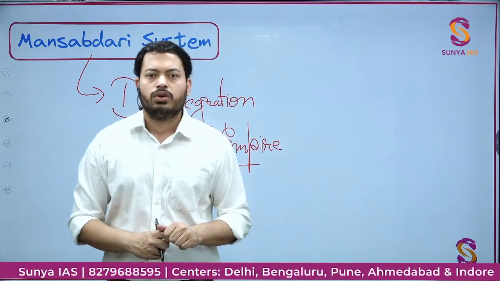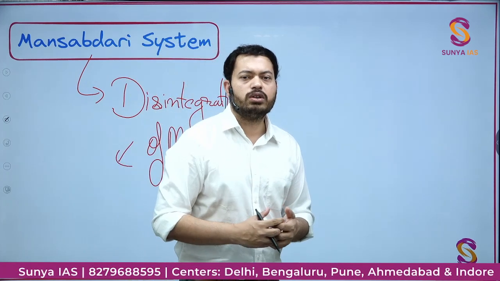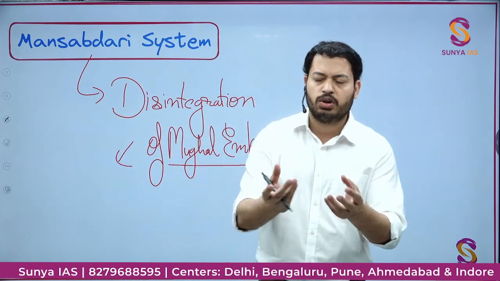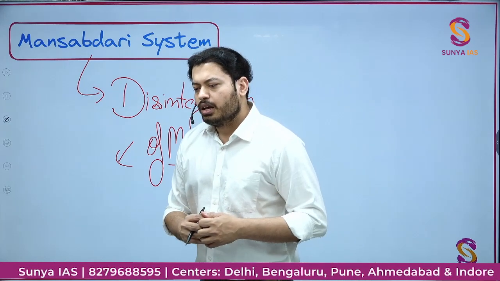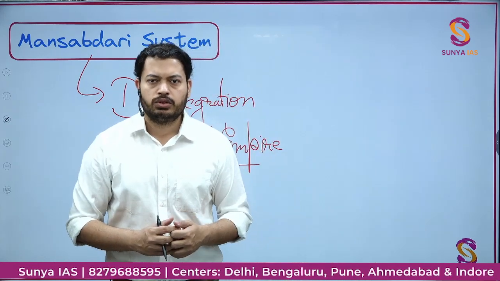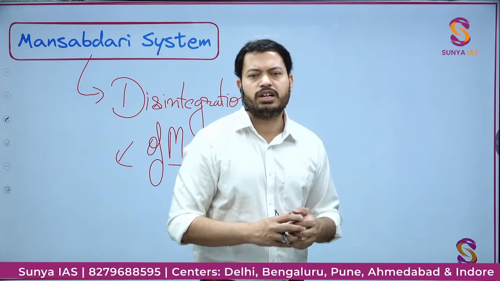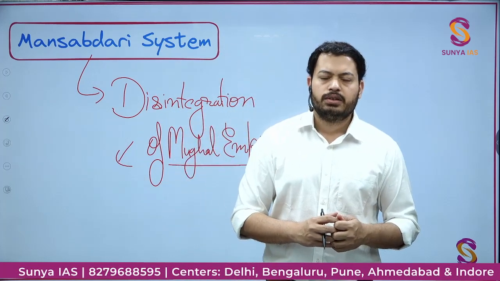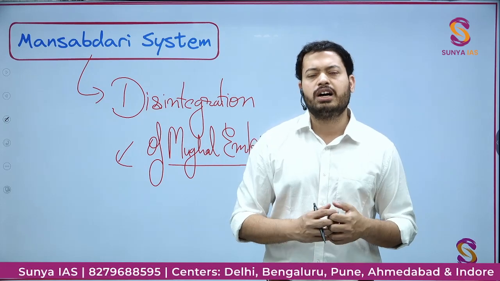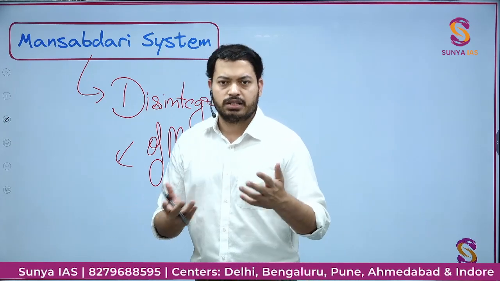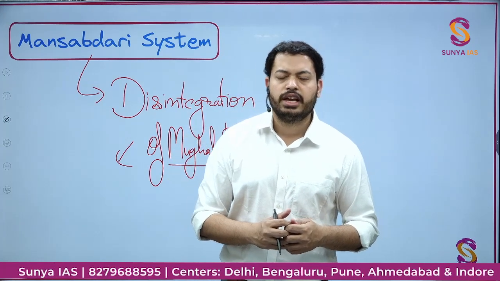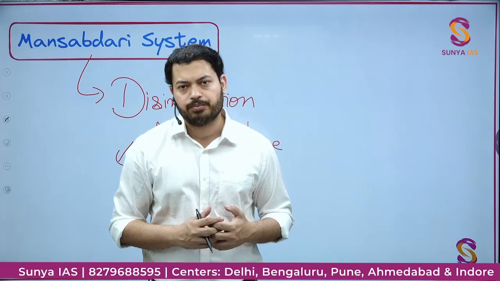For example, how the ranks are given, just a small example for you. Infantrymen, जो पैदल चलते हैं और लड़ते हैं, infantrymen, they used to have a rank of 10. Okay, the cavalrymen, that is the घोड़सवार, they used to be given a rank of 20.